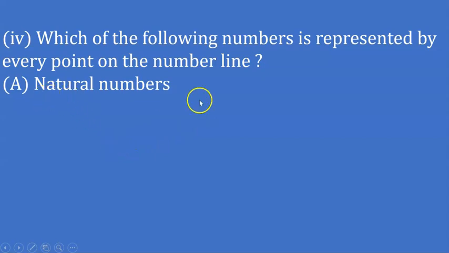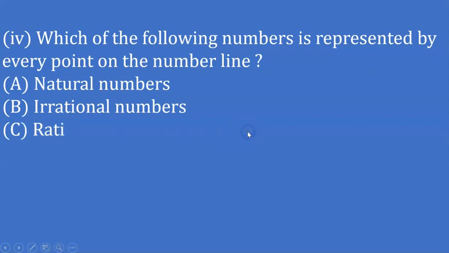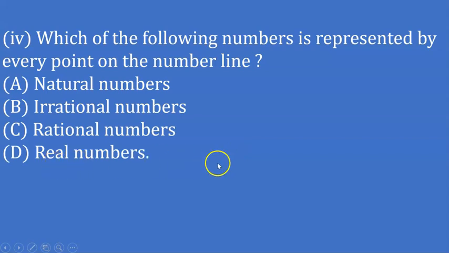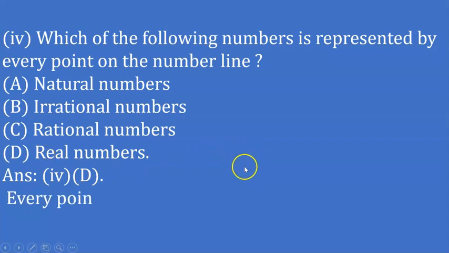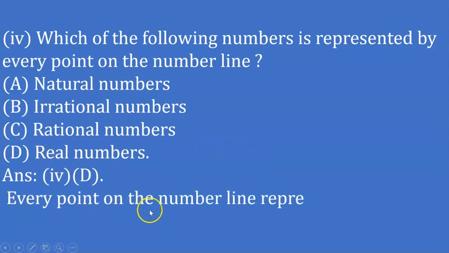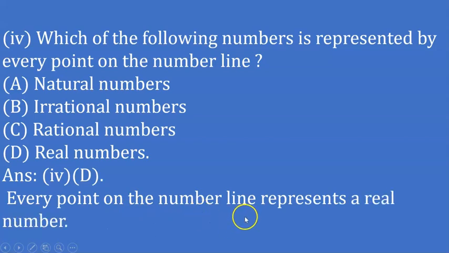First, natural numbers, B irrational numbers, C integers, D real numbers. And here the option D is correct. Real numbers. Every point on the number line represents a real number.